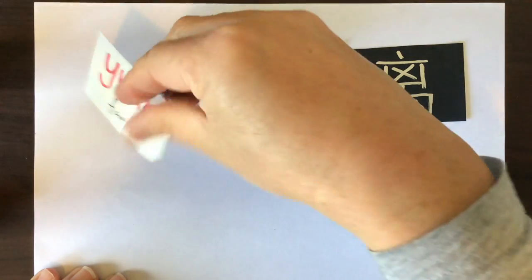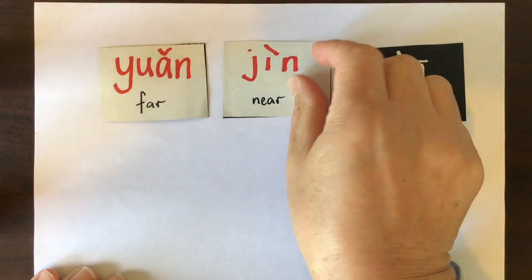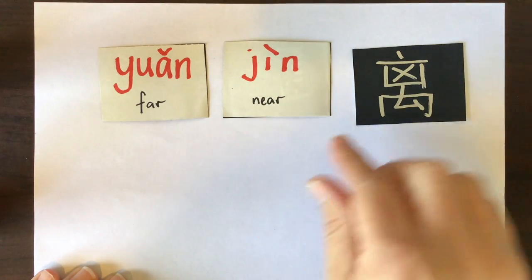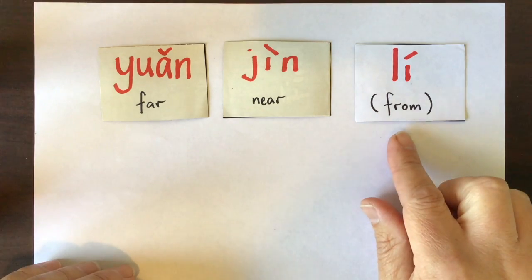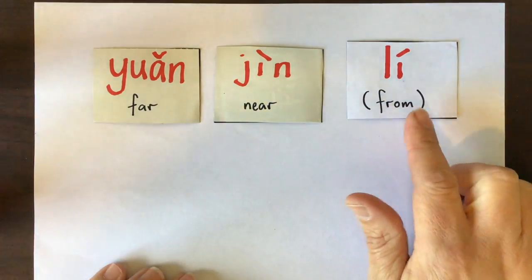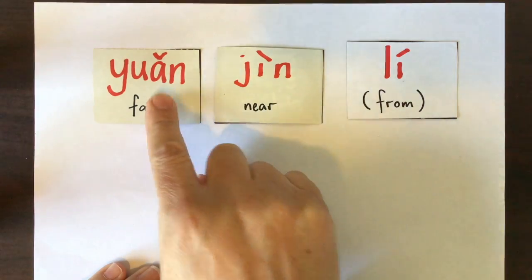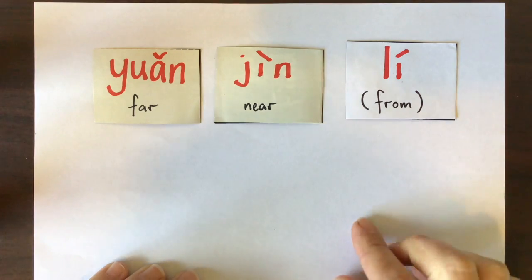Jin means near. And li means from. Now, li doesn't mean anything on its own. You're going to need jin or yuan to use this word, and I'll explain a little bit later in the grammar.